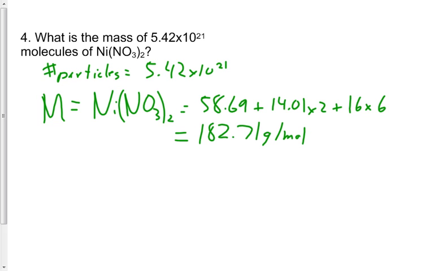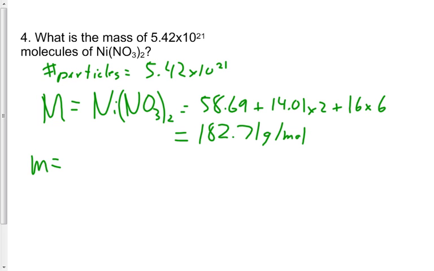All right. If I have the number of particles, I'm trying to find mass. I need n in order to do that. If I know the number of particles and the number of particles in 1 mole, how do I get the number of moles? Divide them. It's like taking 36 over 12 tells me I have how many dozen? 3. Divide the two numbers you have.